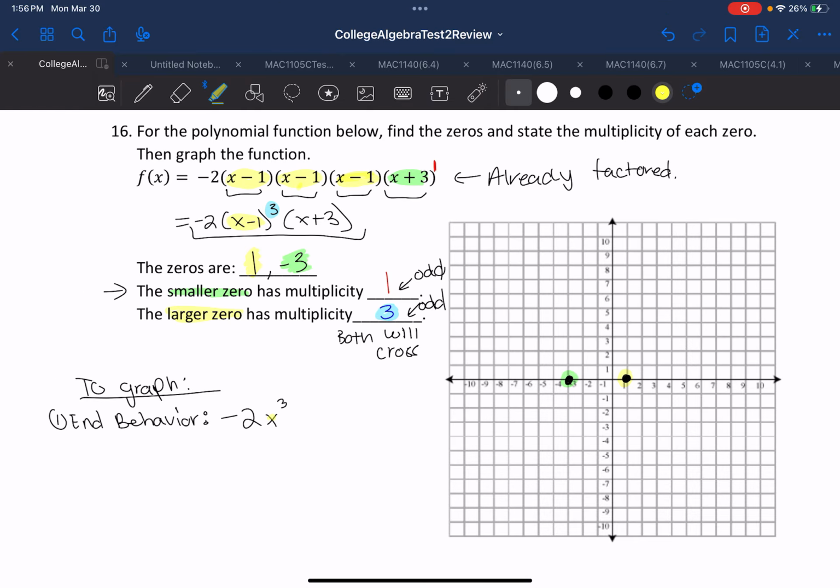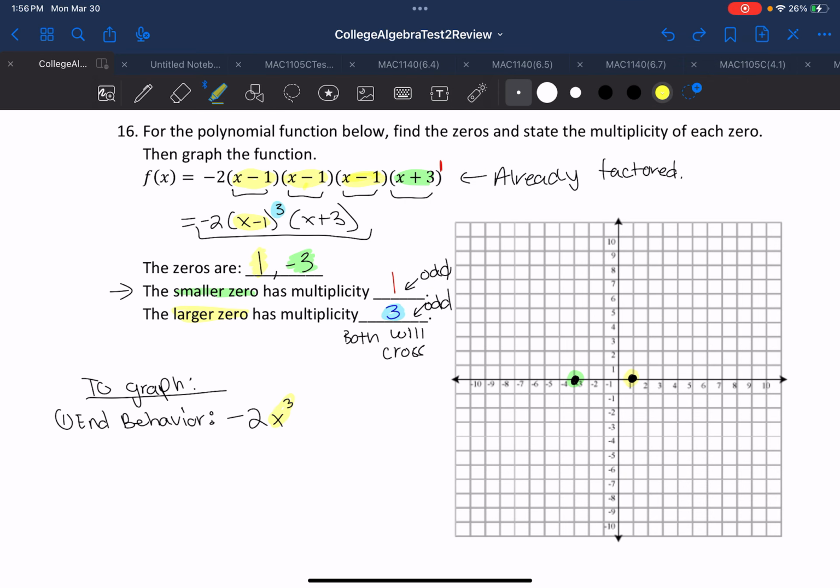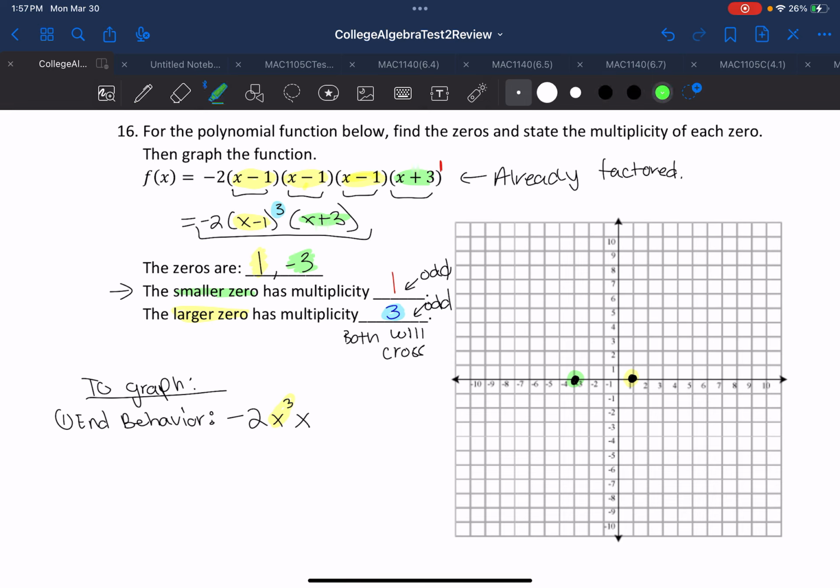It's the leading term from that factor. And then the last one, I still have an x in there. So I would need to multiply by 1 more x to get my leading term. Let me rewrite this, sorry. So this would be negative 2x to the 4th power.